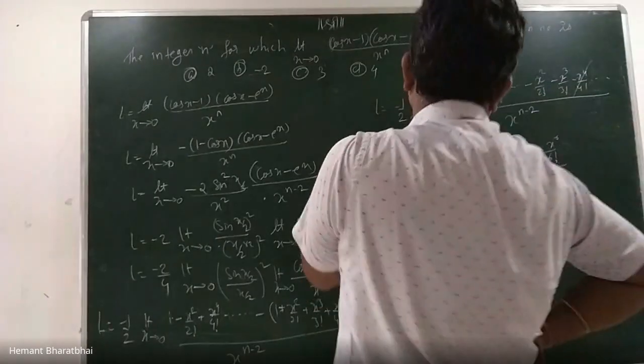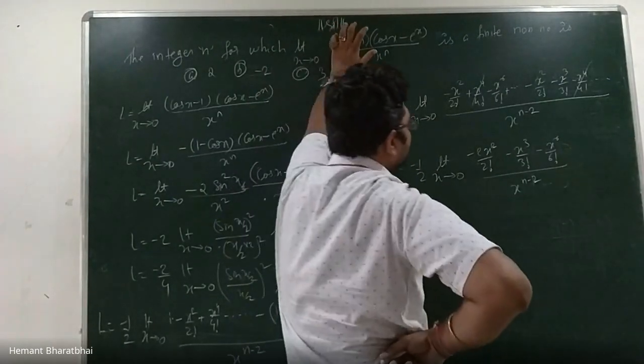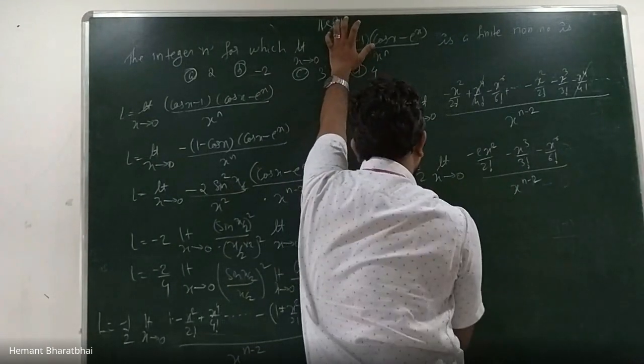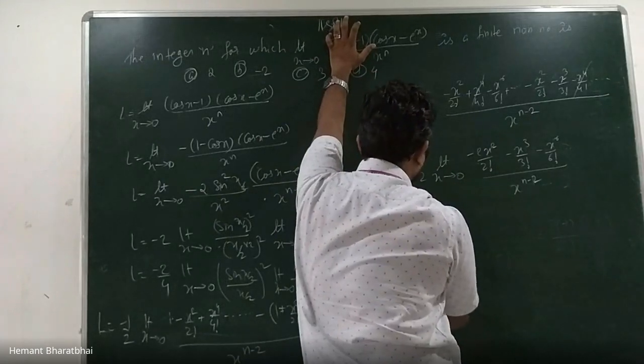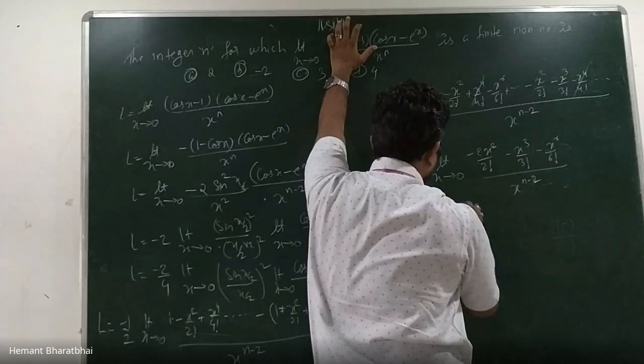Now, here I take x square as common, so I'll get L is equal to minus 1 by 2, limit of x tends to 0.